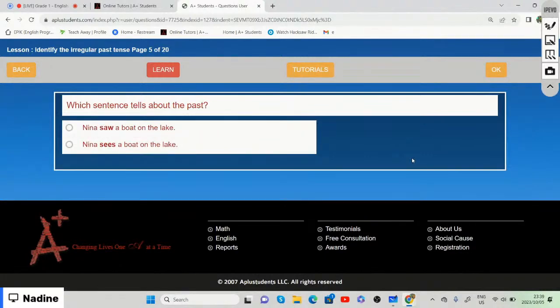And then Nina saw a boat on the lake. Nina saw a boat on the lake. Or Nina sees a boat on the lake. So it's either Nina saw a boat on the lake or Nina sees a boat on the lake. We need to choose the correct sentence that tells us about the past.